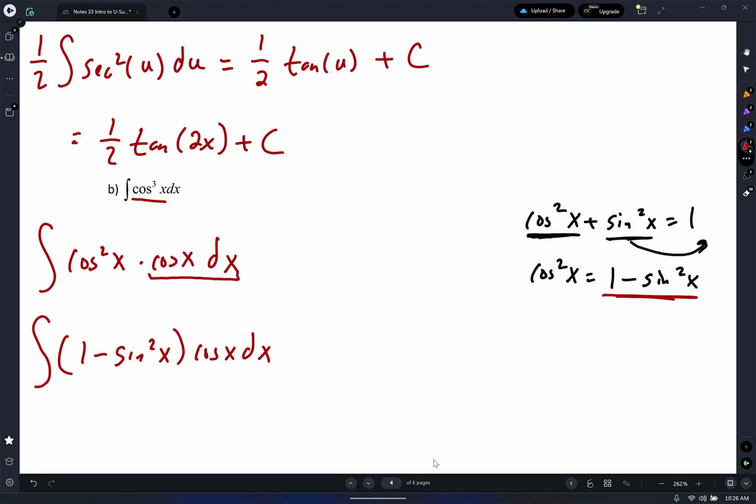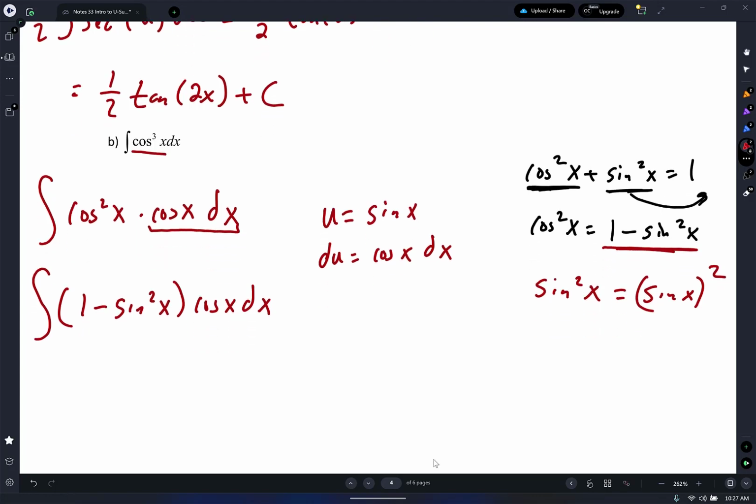Now, we already said, what did we say we were going to make u? Just sine x. This time u is just sine x. Du is cosine x dx. Side note again, sine squared x means sine x with a square on the outside. That's all it means.